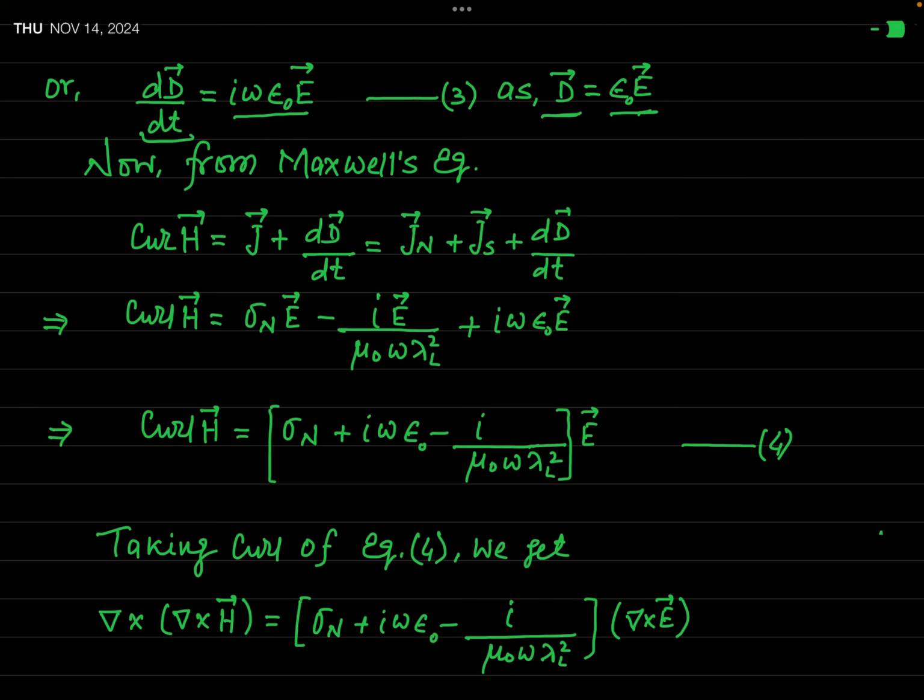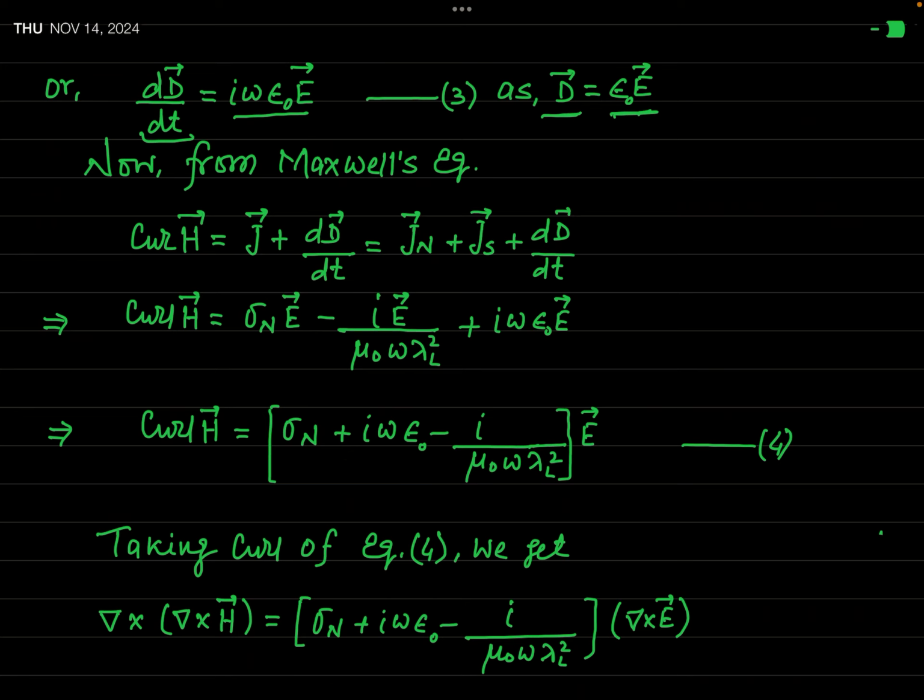If you take the polarization into account, then D is equal to epsilon naught E plus P. But here there is no polarization, so D is equal to epsilon naught times E. Here epsilon naught is the permittivity of free space.